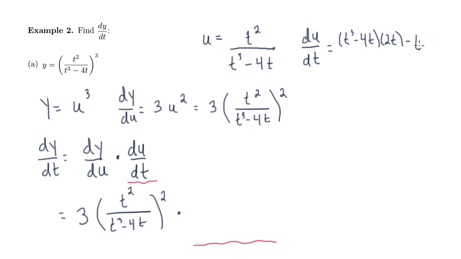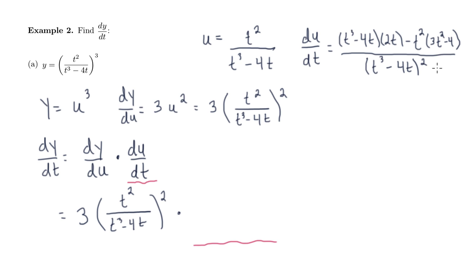So high is t squared, and the derivative of the bottom is 3t squared minus 4. All right, and then all over the bottom squared. So t cubed minus 4t, that quantity squared.